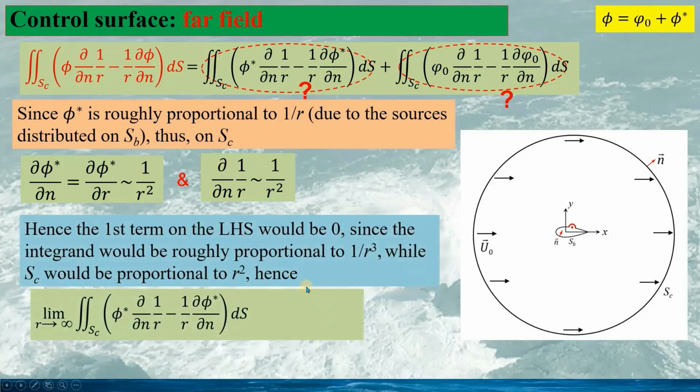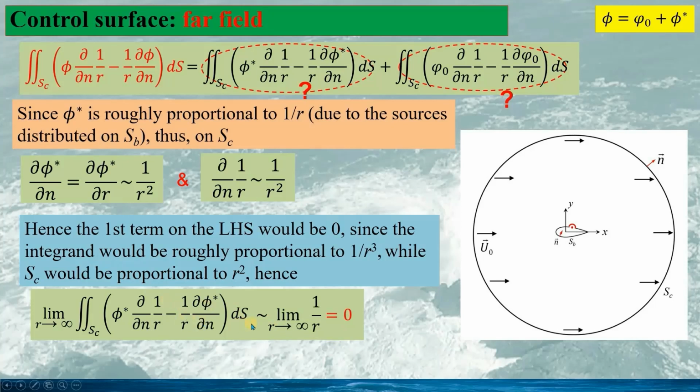Hence, the first term on the right-hand side would be 0. If we look at the integral and take the limit when r is close to infinity, we can see the integrand in this surface integration would be roughly proportional to 1 over r cubed, while SC would be proportional to r squared.